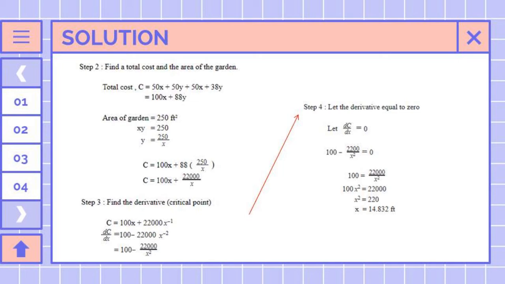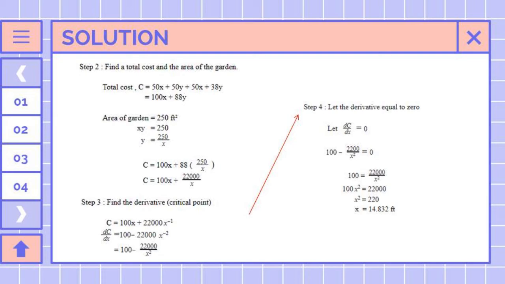Step 3. We will find the derivative to find the critical point. The derivative is 100 minus 22,000 x to the power of negative 2. It means 100 minus 22,000 divided by x square. Step 4. Let the derivative equal to 0 to find the critical point.